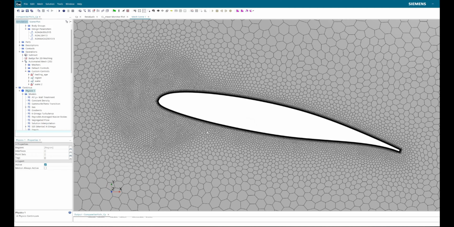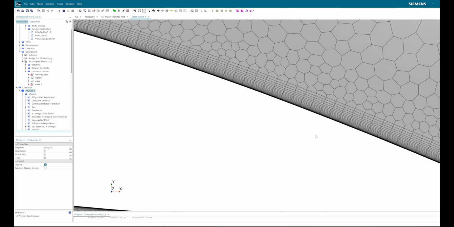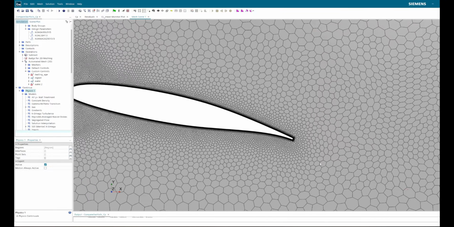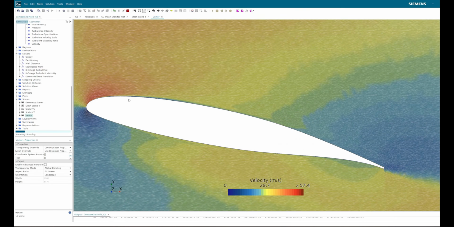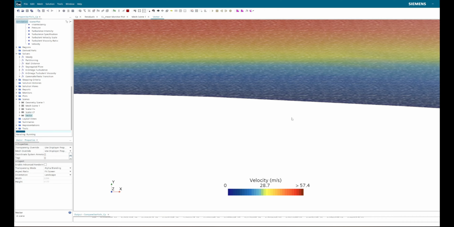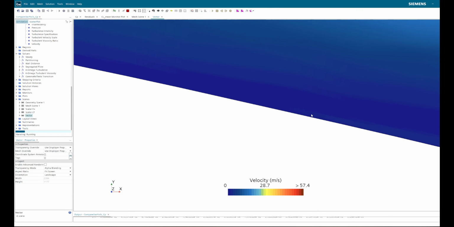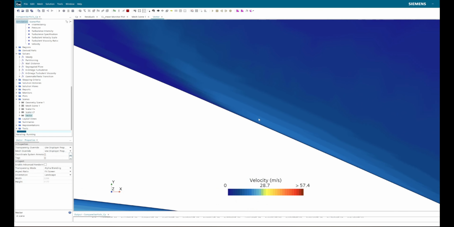To simulate the flow correctly in this environment, the model needs to be surrounded by a mesh, basically a finite element grid. It's important that the mesh can accurately capture the laminar, transition, and turbulent regions within the boundary layer. By checking the wall Y plus value, I can judge whether the first layer of cells near the wall is properly resolved, and whether the overall mesh gives a reasonable prediction of the flow field.